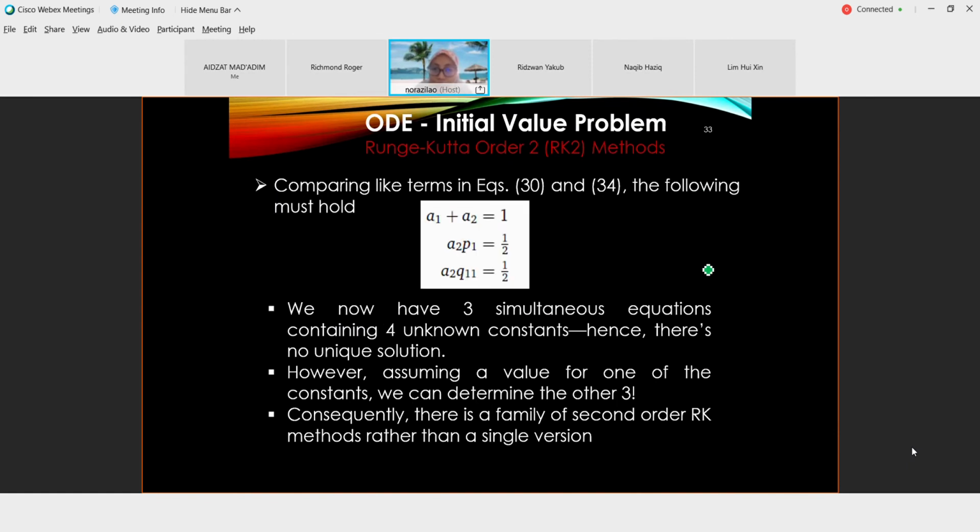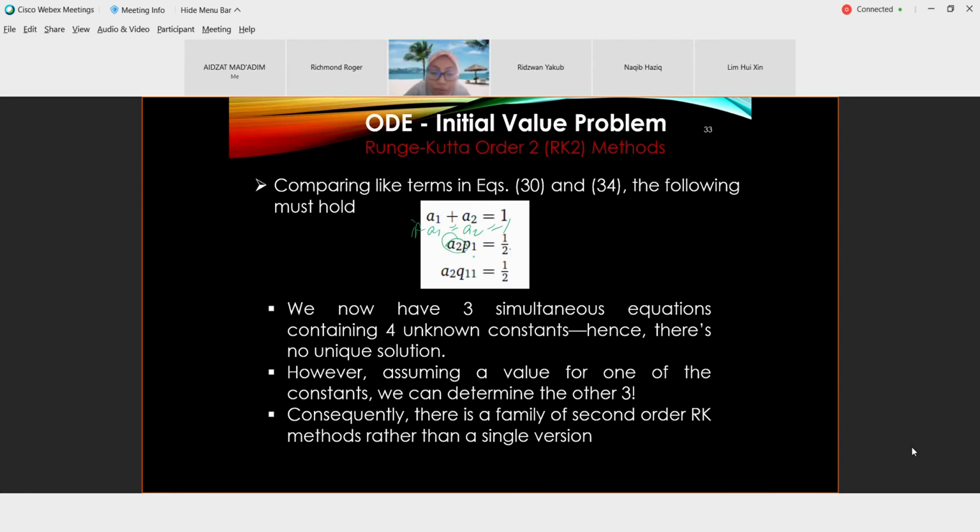They conclude that if A1 equals A2 equals 1, then P1 is half and Q11 is also half.